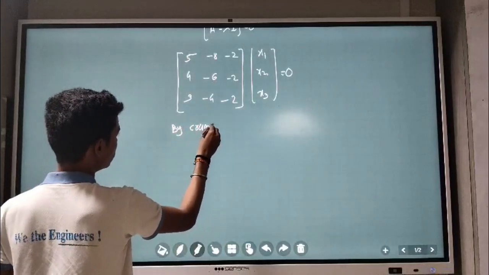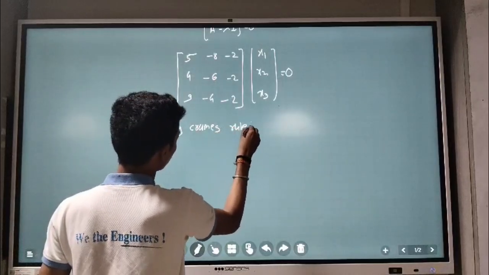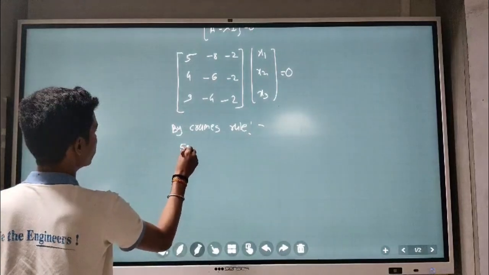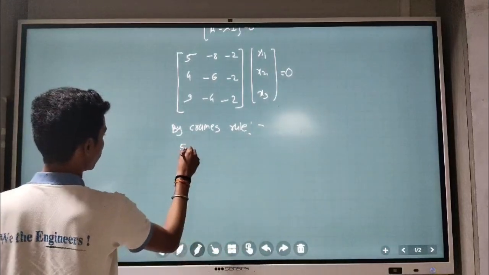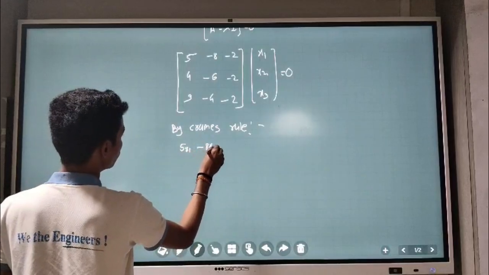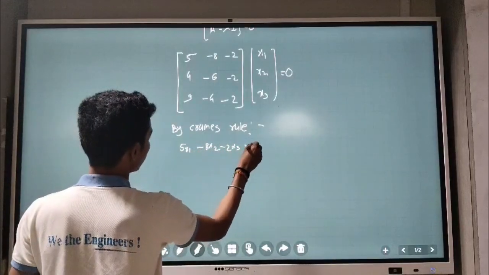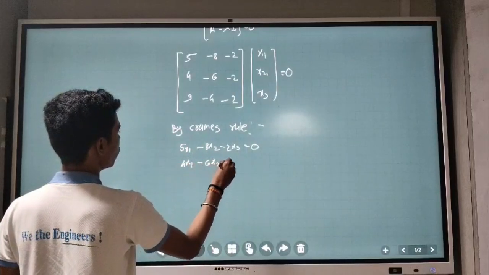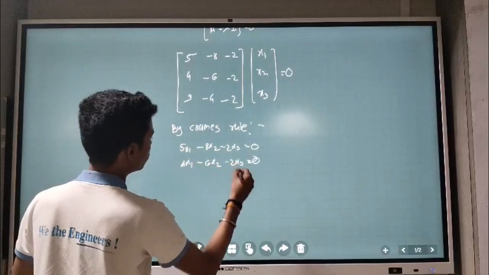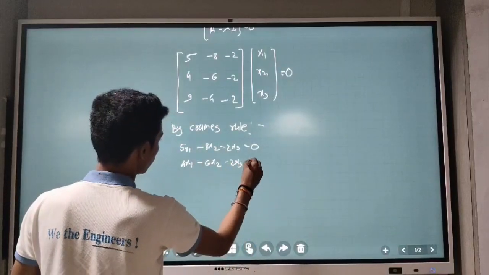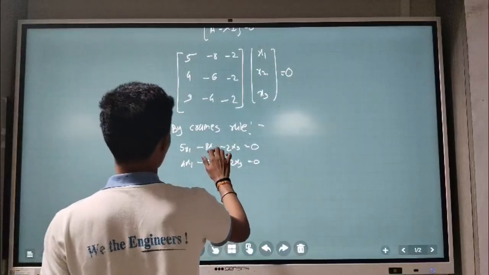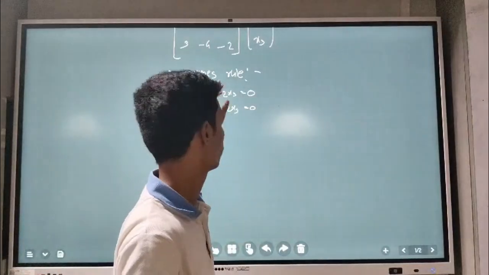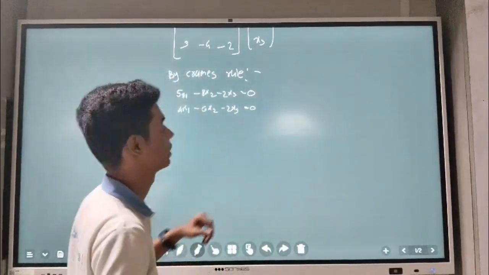Cramer's rule says that we take any two rows. We take the first and second row: 5 x1 minus 8 x2 minus x3 equal to 0, then 4 x1 minus x2 minus x3 equal to 0. Then we solve to get x1, x2 and x3.